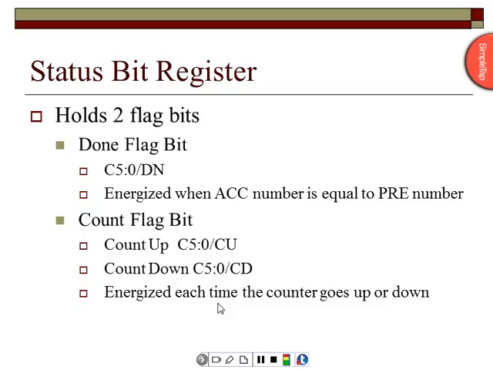Instead of TT, the counter doesn't time, it counts. So it's either counting up or it's counting down. So you got a CU and a CD. Okay. Or the done flag. So the done flag is going to energize when the accumulator matches the preset register. And when those two match, then my done activates. Same thing with the timer.